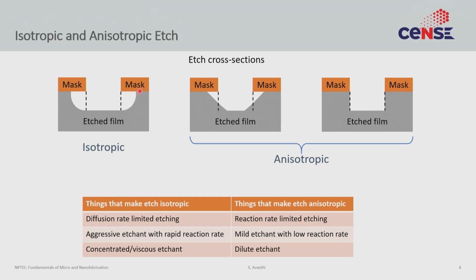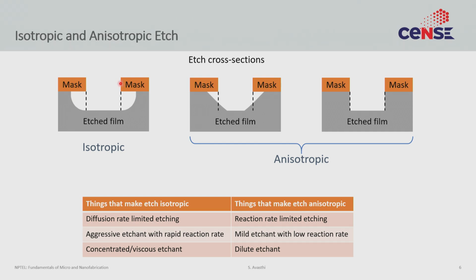Now I have shown here the extreme case where it's completely isotropic. So the depth it etches to and the lateral width it etches to is exactly the same. But this is an exaggeration. That doesn't always happen, but it's still indicative of what can happen. Now this does two things. Number one, it makes the opening that you actually get slightly wider than the opening that you had designed it for.